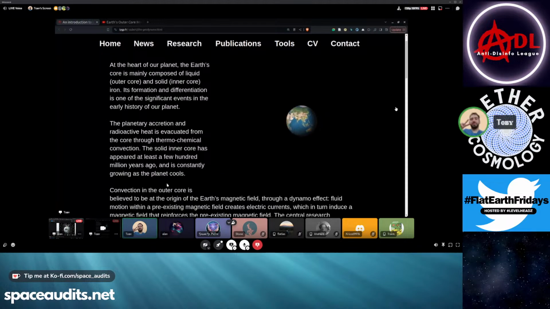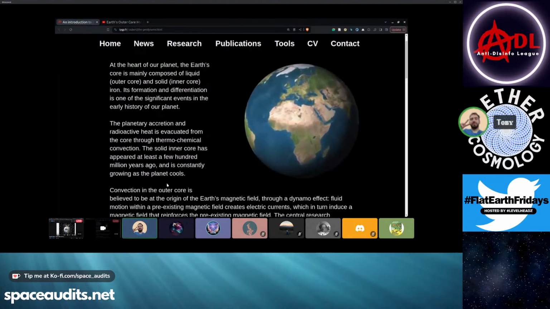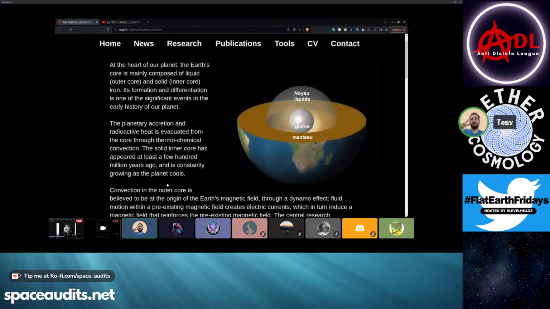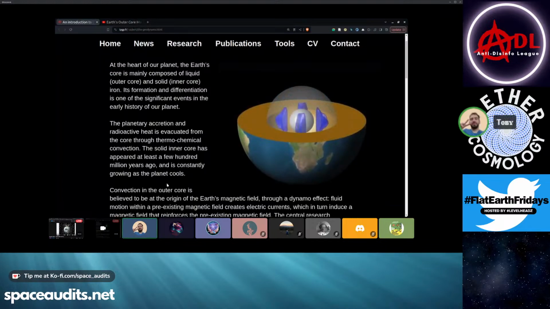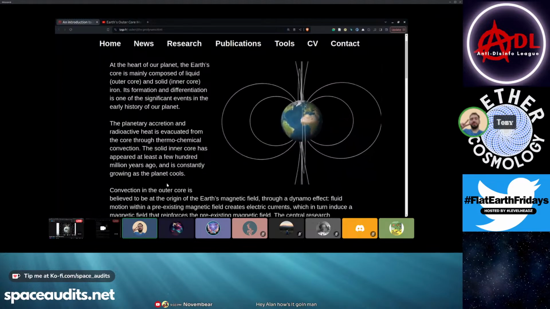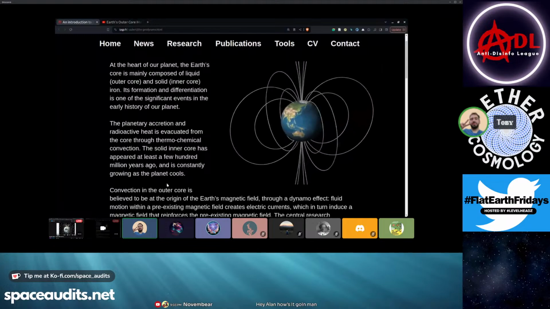So, at the heart of our planet, the Earth's core is mainly composed of liquid in the outer core and solid in the inner core, iron. Its formation and differentiation is one of the significant events in the early history of our planet. The planetary accretion and radioactive heat is evacuated from the core through thermochemical convection.